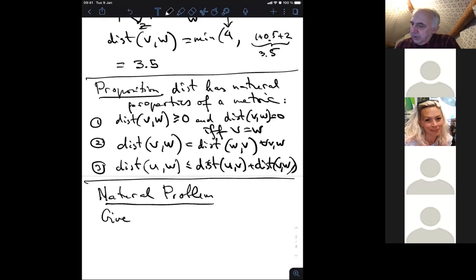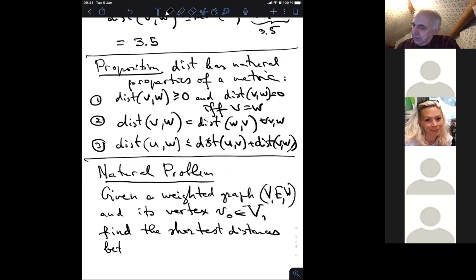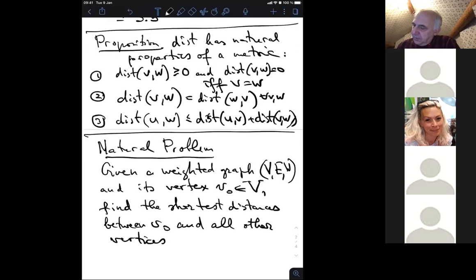Given a weighted graph, so it would be V, E, and W, and its vertex, say V naught, find the shortest distances between V naught and all other vertices in V.